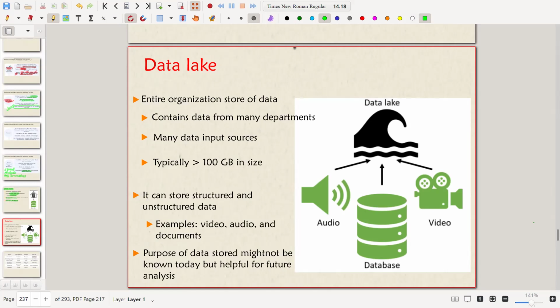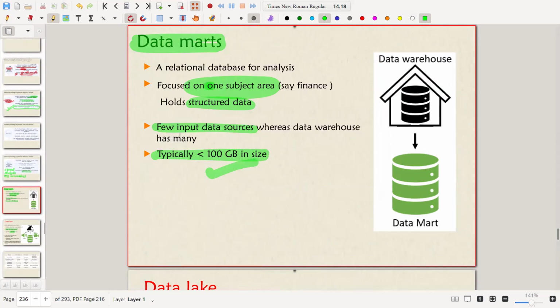Whereas in a data lake, you have a larger number of different connections that can integrate into a single data lake. So indirectly, it has many input sources, isn't it? Most importantly, it is greater than 100 GB in size. Now, how is it different from the data mart? The data mart is less than 100 GB in size, right?